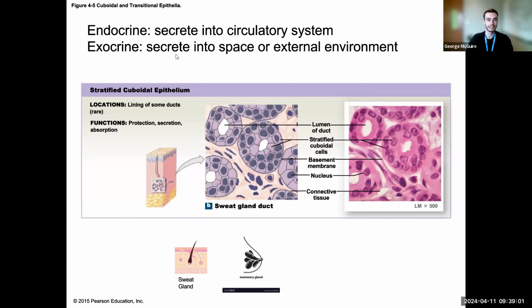So a sweat gland is an exocrine gland secreting sweat onto the surface of your skin, exposed to the external environment, whereas an adrenal gland would be an endocrine gland secreting hormones into your blood directly, into the circulatory system. But again, these stratified cuboidal epithelium, where you would see multiple layers of these cuboidal cell shapes, are quite rare. Just some ducts, these specialized glands.